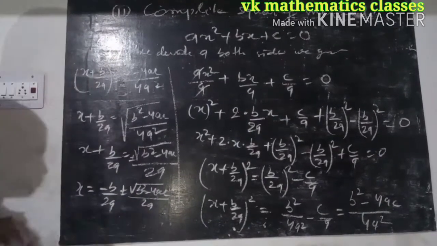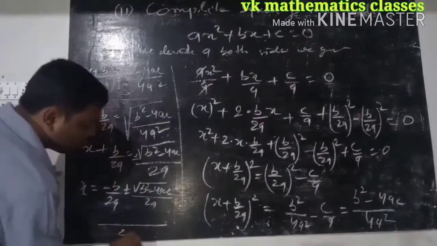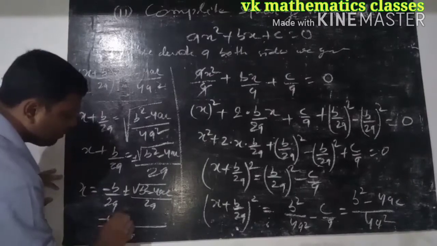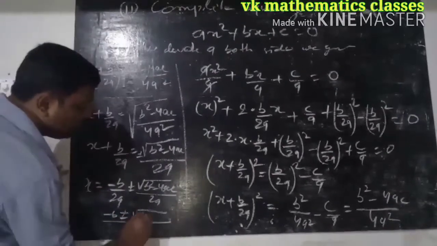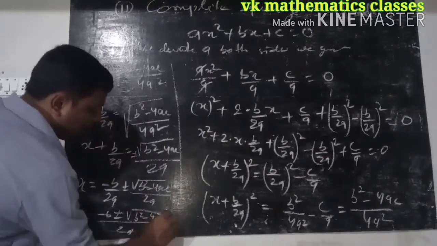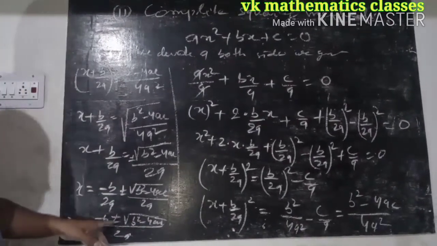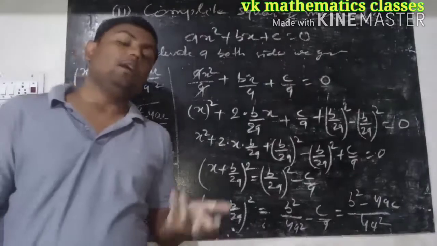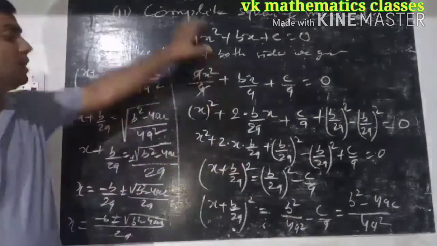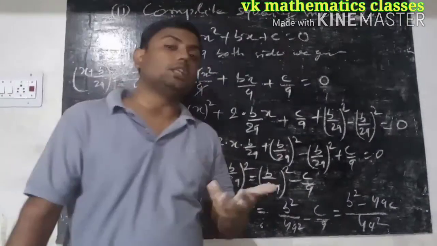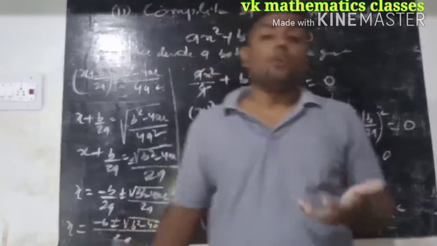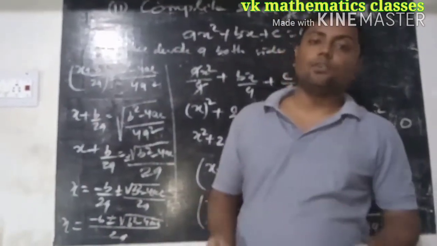Taking the LCM 2a, now x is equal to minus b plus minus root under b square minus 4ac by 2a. This is the value of x. Here plus we take as alpha and minus we take as beta. This is the complete squaring method to solve any quadratic equation, and this formula is also known as the Sridharacharya formula.